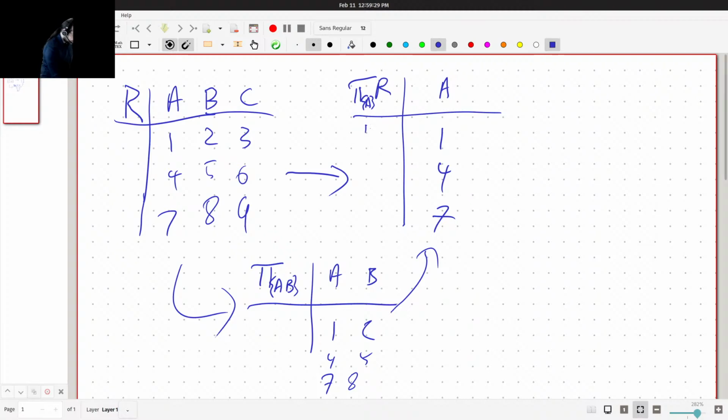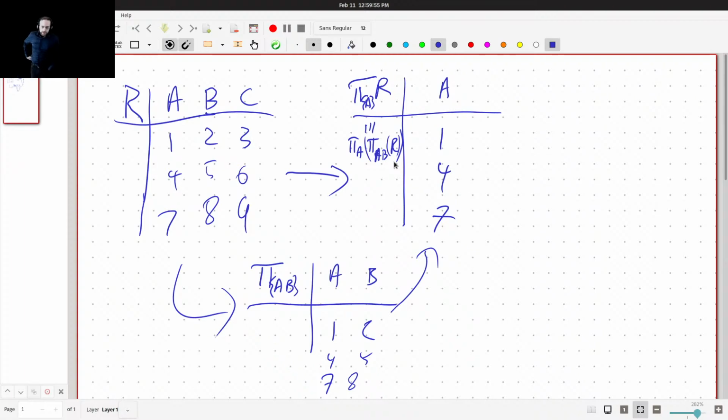So this is essentially equivalent to projection of A of projection of A B of R. And I'll get exactly the same bag of outputs. So hopefully that addresses your question, Karan. If not, I'm happy to go into more detail.